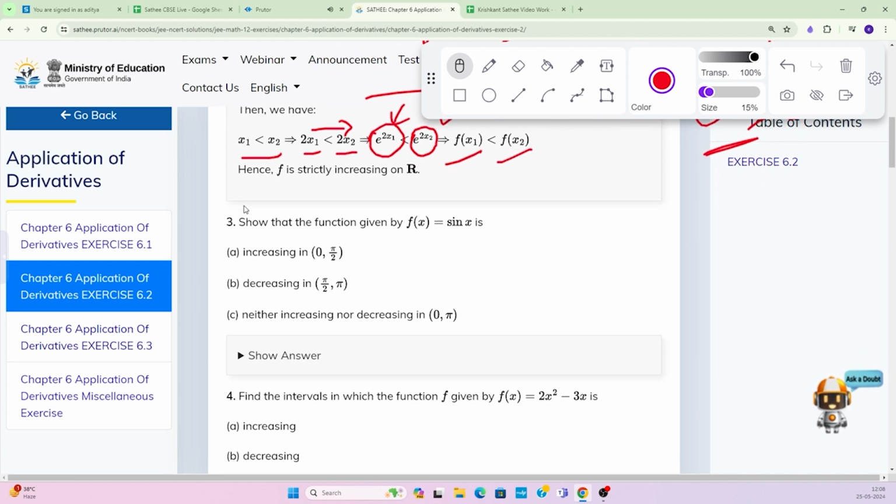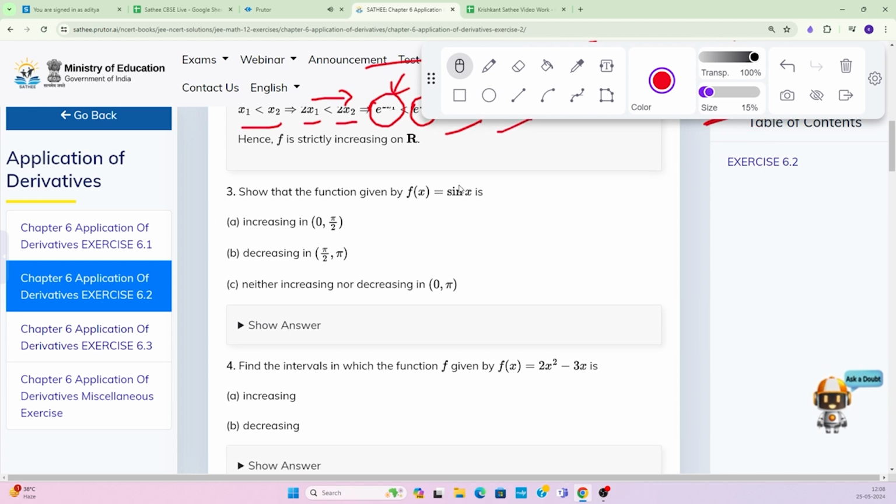Problem 3 says that if f of x is sin x, then show that it is increasing in this interval. First of all, f prime x will be cos x.